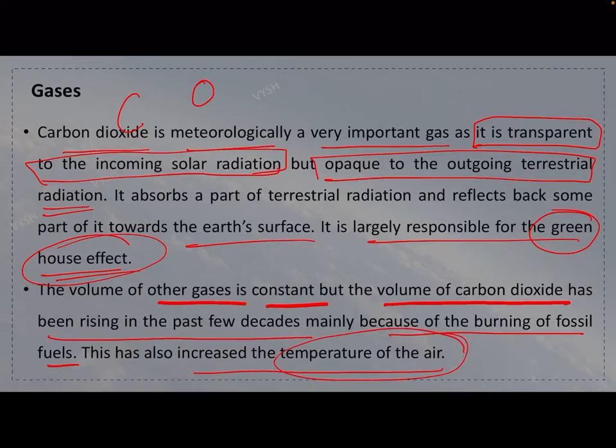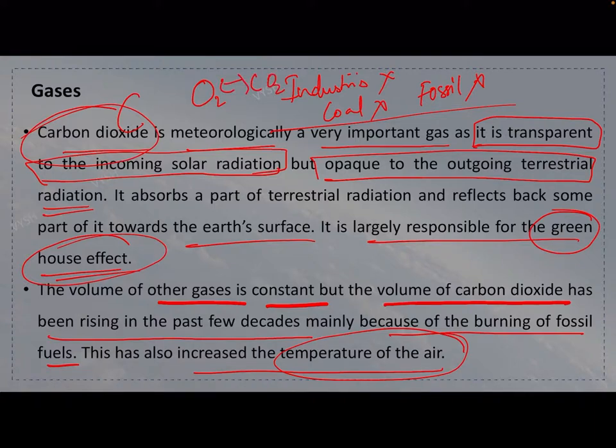See, for example, carbon dioxide is very important. We totally understood that. But there is an excess of the same carbon dioxide. Previously, when there were no industries, no coal-related power production, and no usage of fossil fuels such as petrol, the oxygen and carbon dioxide balance was there.